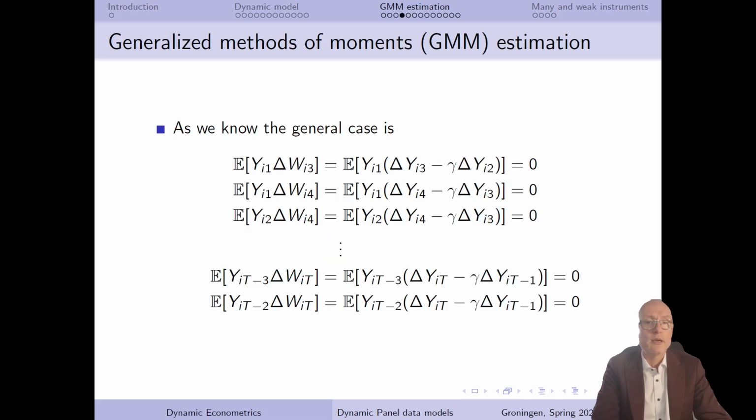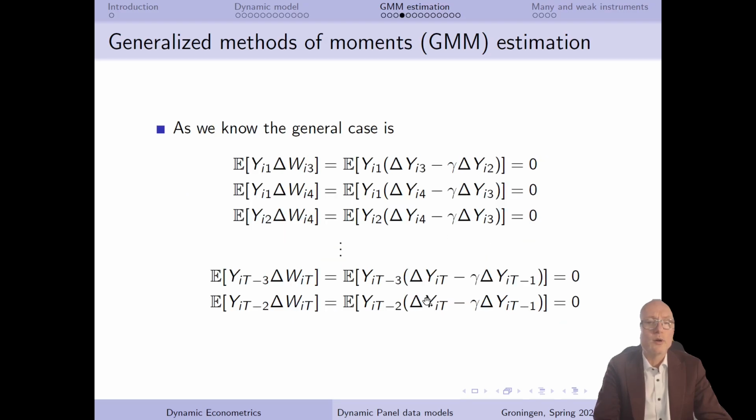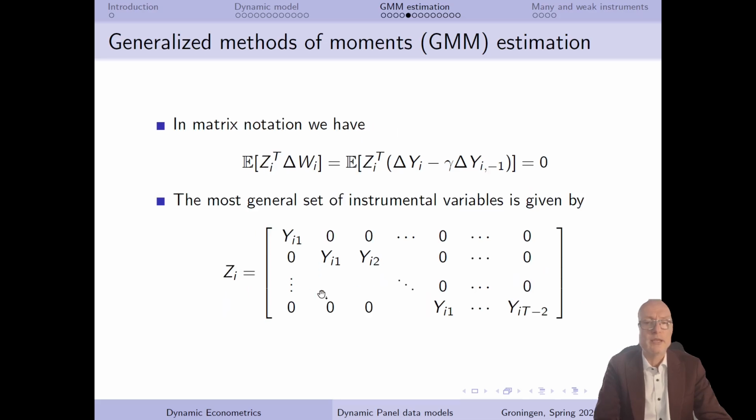That one has two restrictions with respect to yi1 and yi2. So therefore we here get yi1 and yi2. And we can go all the way to the final one, delta wiT, and that has restrictions from yi1 up till, of course, yi capital T minus 2. So in the end, we're going to get this matrix over here.